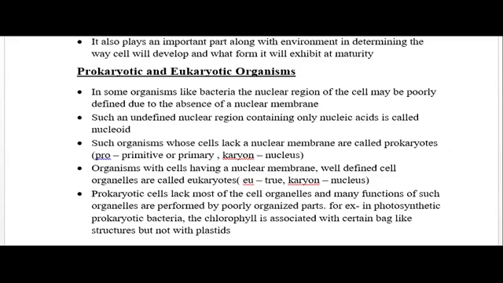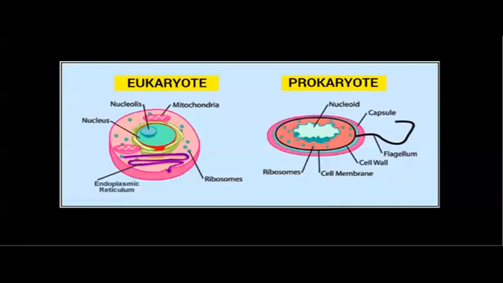Let me show you the diagram of the prokaryotic and eukaryotic cell. As you can see on the screen, you have the eukaryotic cell and the prokaryotic cell. The eukaryotic cell looks quite developed. It has a nucleus, nucleolus, mitochondria, endoplasmic reticulum, ribosomes, etc. Whereas a prokaryotic cell, maybe a bacterial cell, has a very poorly developed nuclear region.